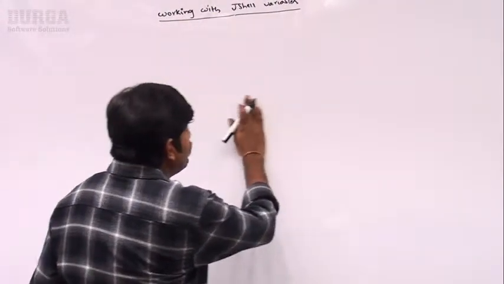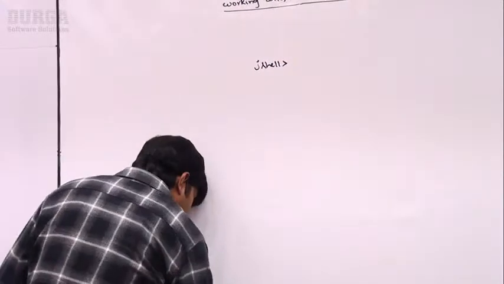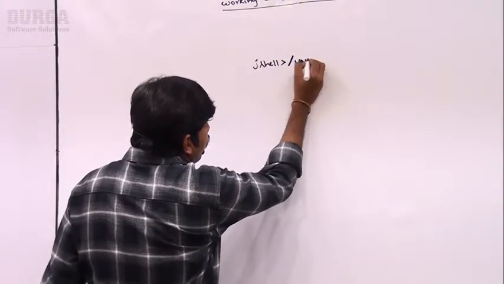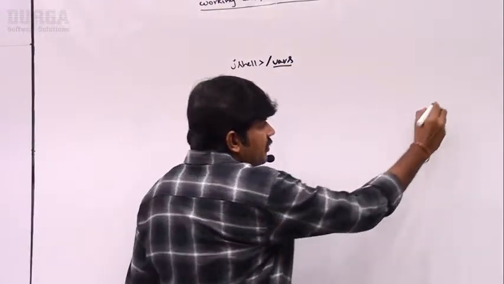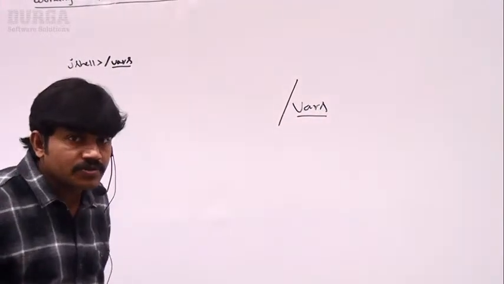Very simple, sir. From the JShell console, we need to use /vars as the command. Are you getting the command name, sir? Slash vars. Vars means variables.